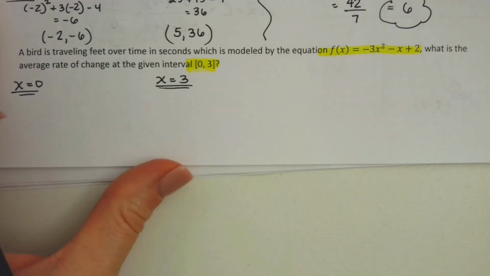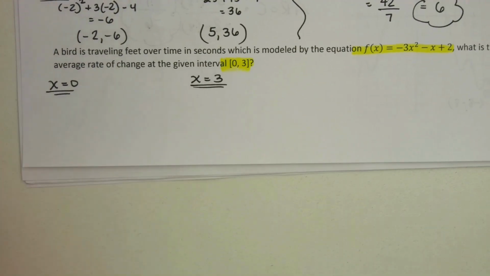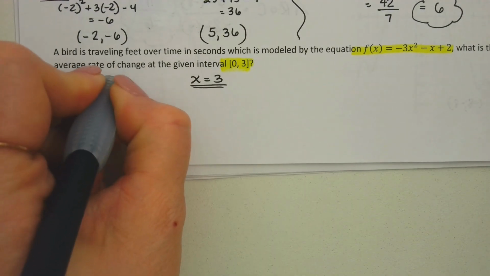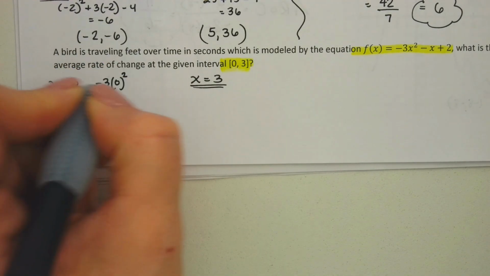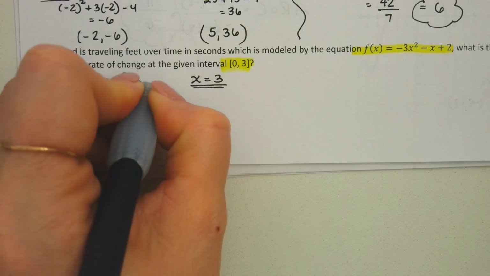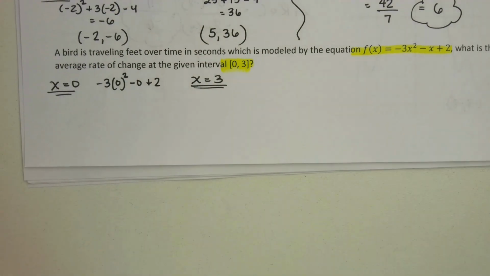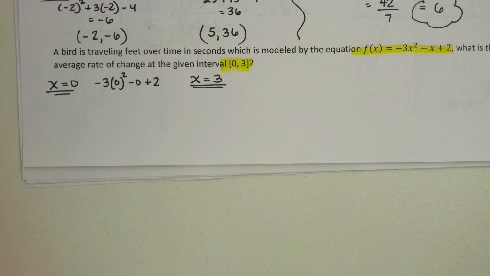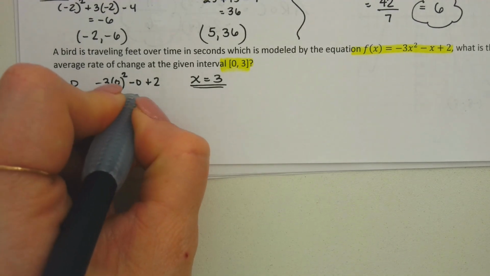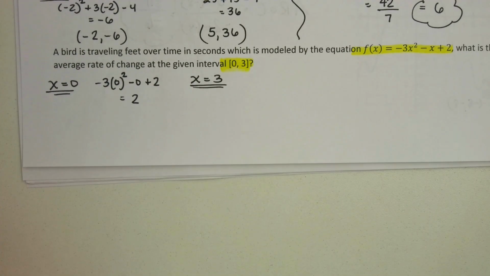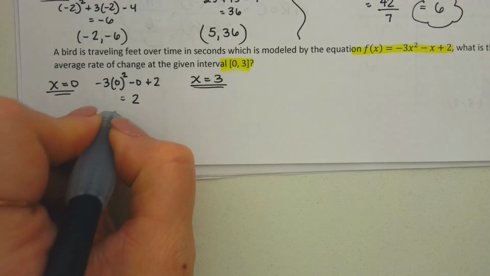So in the first one, I'm going to start by plugging in 0 to the function. So that's -3 times 0 squared minus 0 plus 2. What is that going to simplify to? 2, yeah, equals 2. So what would be that ordered pair? 0, 2.